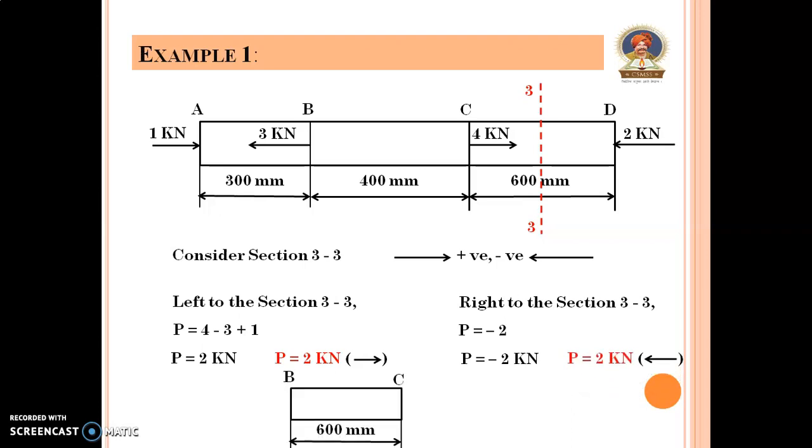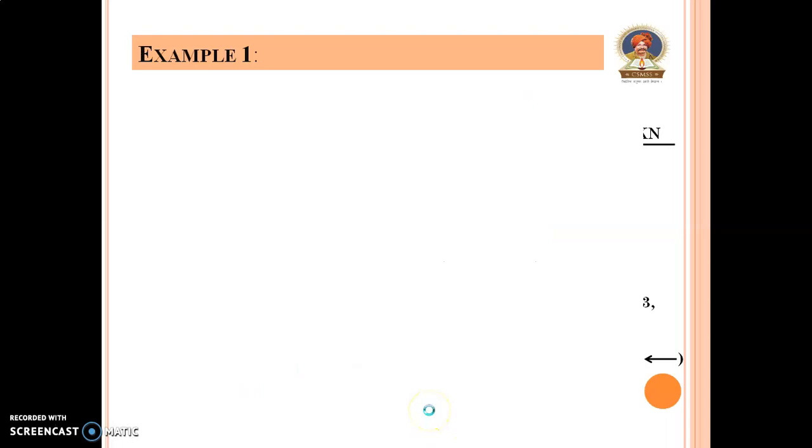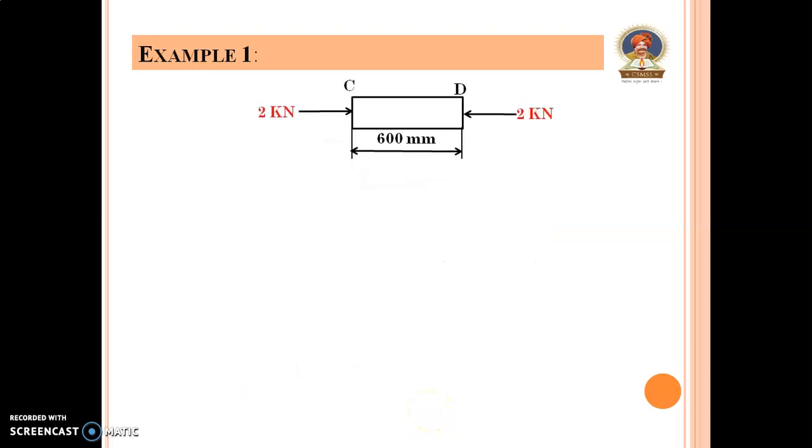So here section CD, left hand force move towards right side, so it is positive, and right side section move towards left side, so it is negative. Here again compressive force, so compressive force is taken as negative.